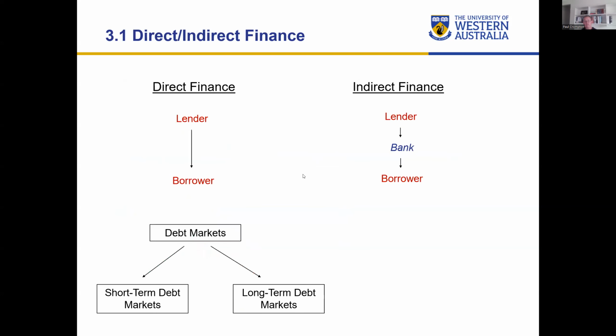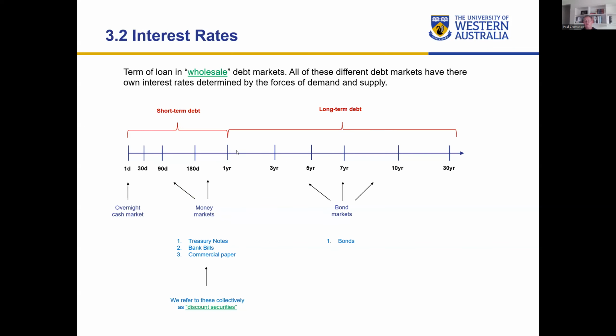So if we go back to this slide, debt markets are split into short-term and long-term. What I mean by that is in this graph, short-term debt markets are anywhere from 1 day up to 1 year. In long-term debt markets, lending occurs from 1 year up to 30 years and beyond.